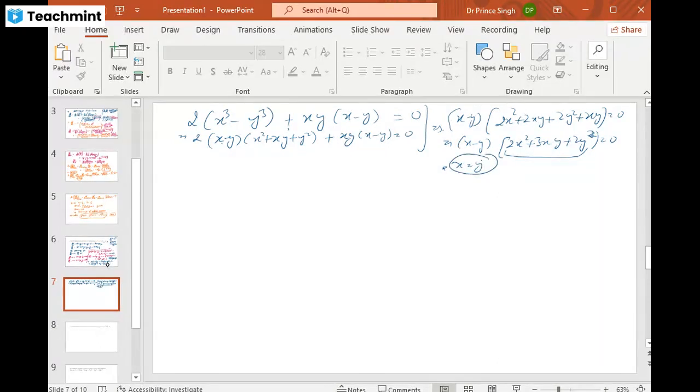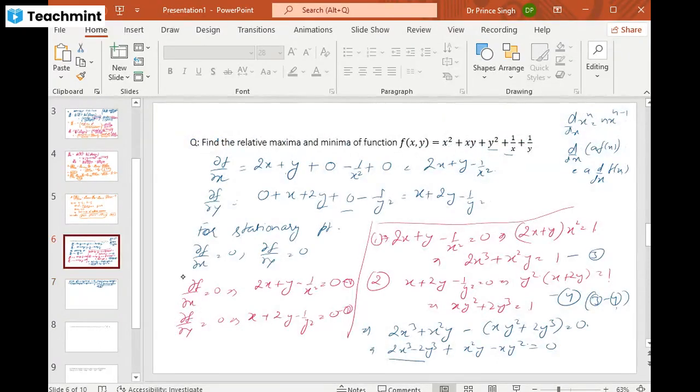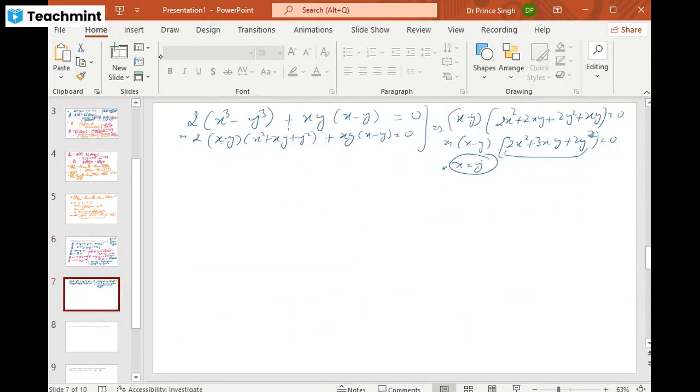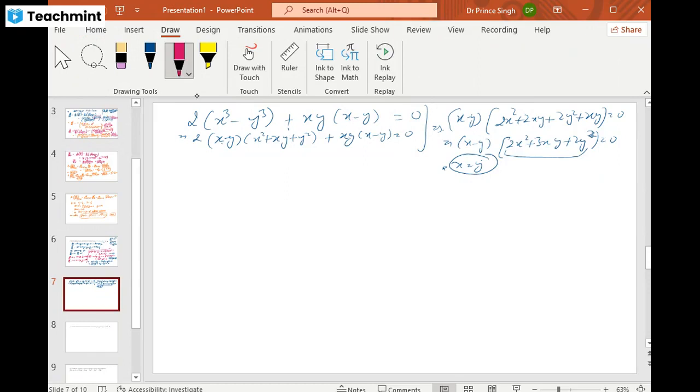And if we substitute this value in equation number 1, equation number 1 is 2x plus y equal to 1 upon x². So if x equal to y, then 2x plus x equal to 1 upon x², so 3x into x² equal to 1.